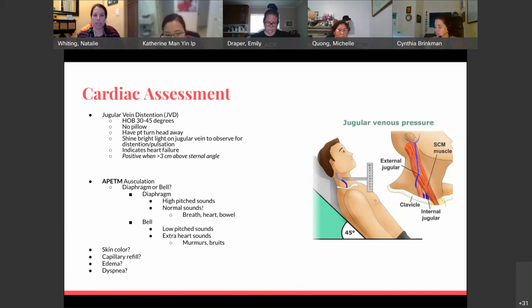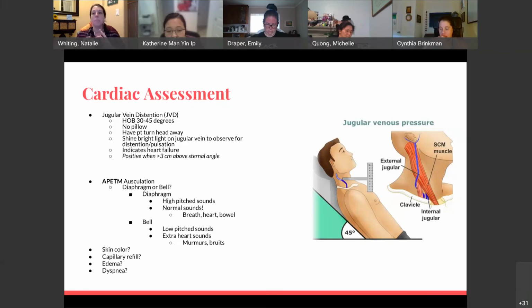For auscultation, we use the mnemonic 8 to man. We're going to use the diaphragm for normal heart sounds, so S1 and S2. Those are higher pitch sounds that we always listen for with the diaphragm. You'll also use that to listen for normal breath sounds and normal bowel sounds.